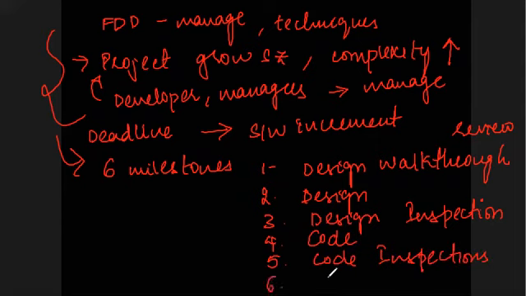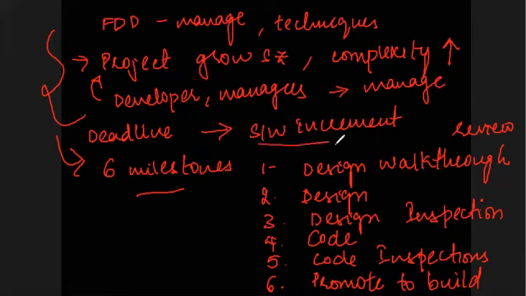And when the code inspection is done, then promote to build. That is, you're going to develop the final software. So these are the 6 milestones that are going to help when the project grows in size and the complexity increases and the managers are unable to manage the project, and you need to decide within how much time the software increment needs to be delivered. So when you follow the 6 milestones, it becomes easy for you to keep track of the particular project.